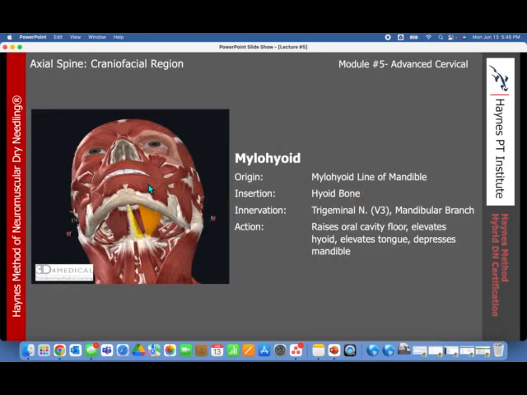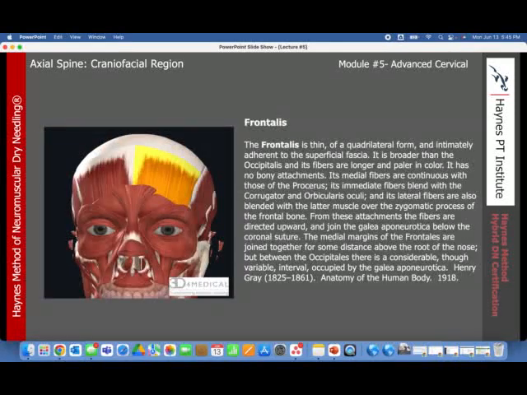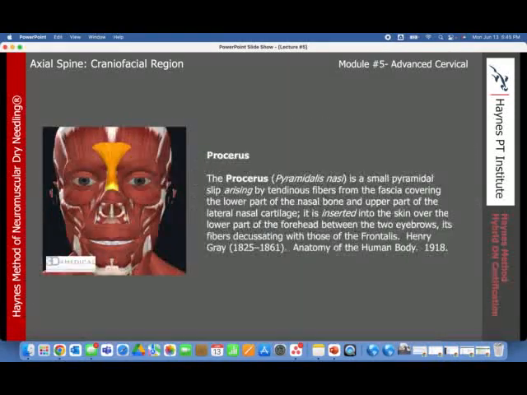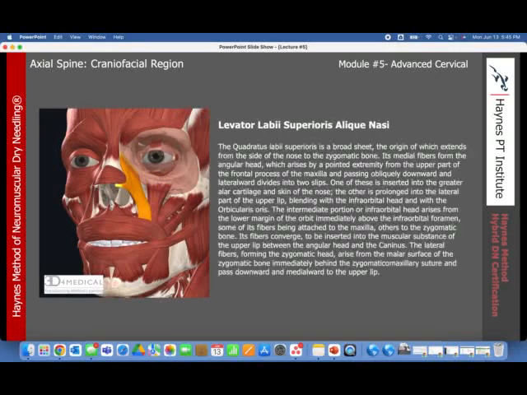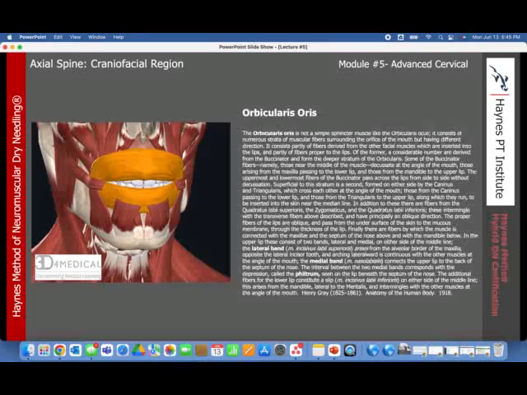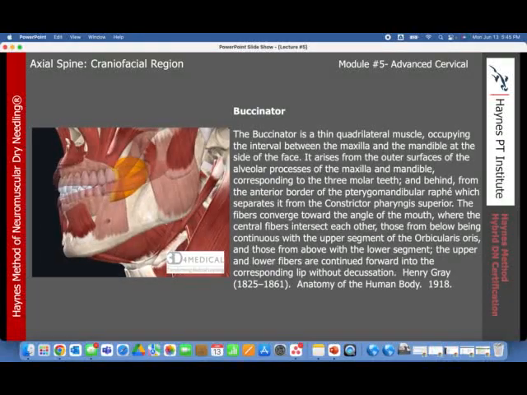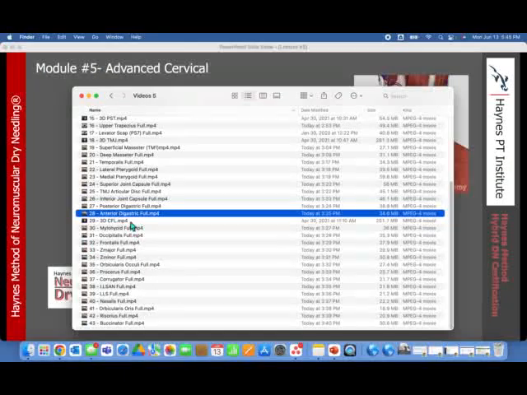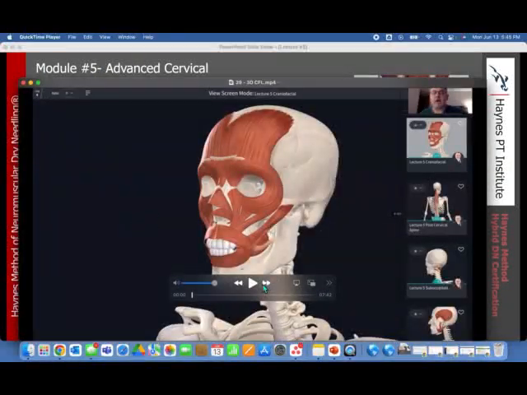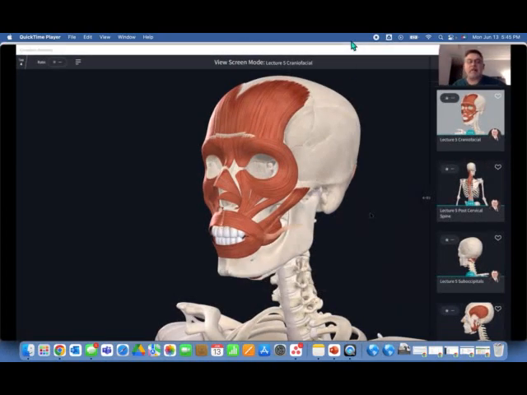But we'll start with, well, let's come all the way down and look at our 3D anatomy. Okay, so here we are for the 3D anatomy of the craniofacial region.